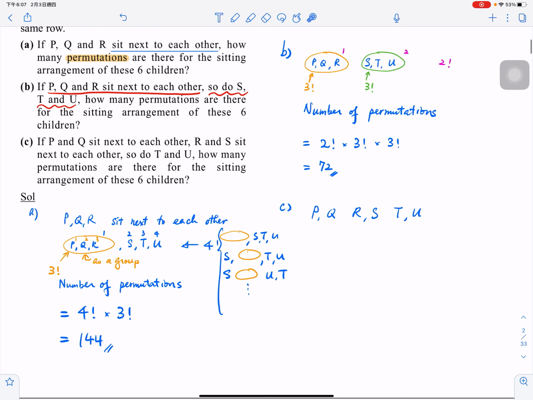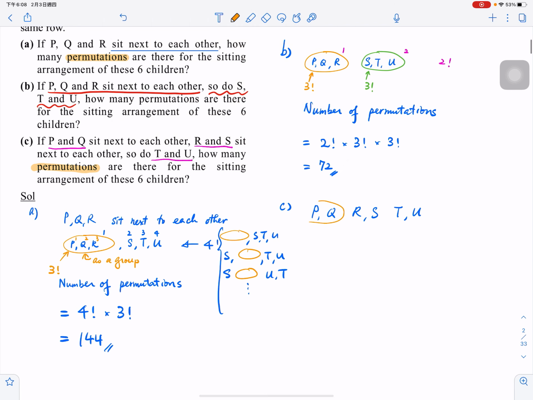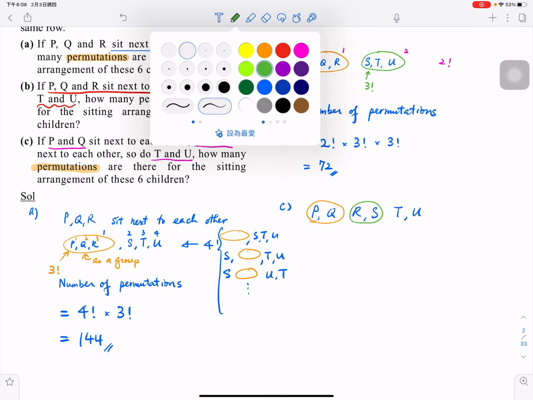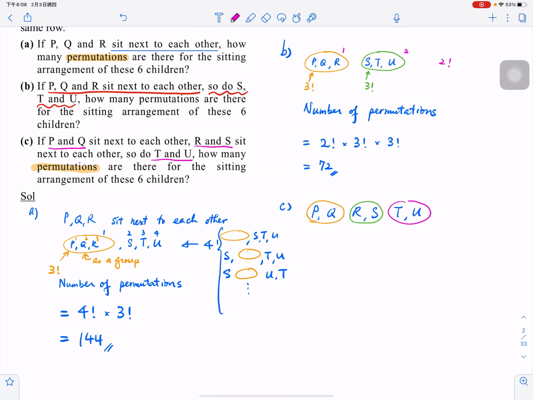Okay, how about the last one here? Now if PQ sit next to each other, RS also, so do T and U. So how many permutations are there for the seating arrangement for these 6 children? Maybe you think, oh, this time I know, because this is a group, this is a second group, and this one is a third group.